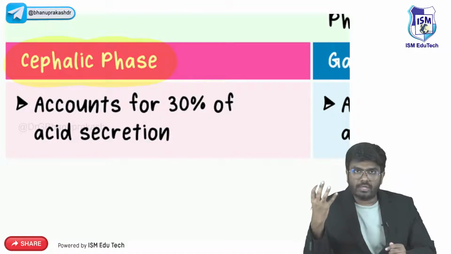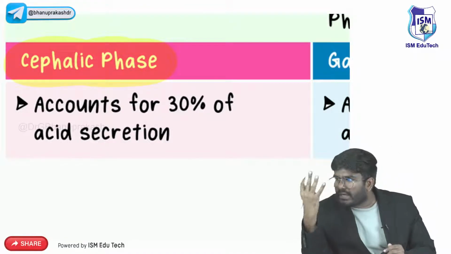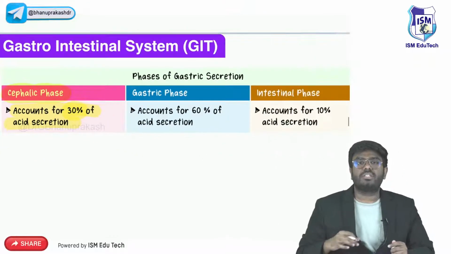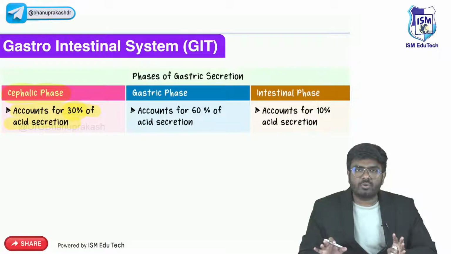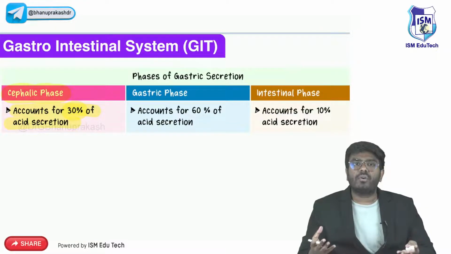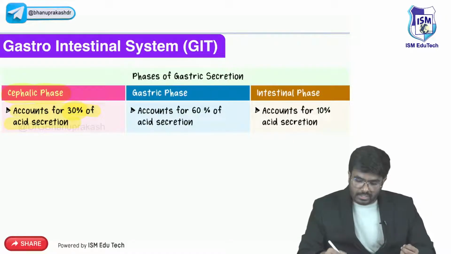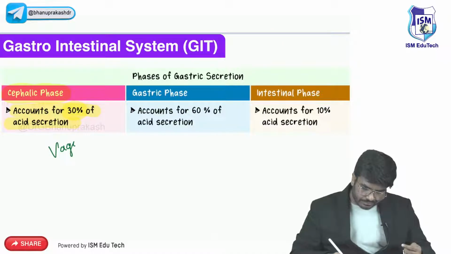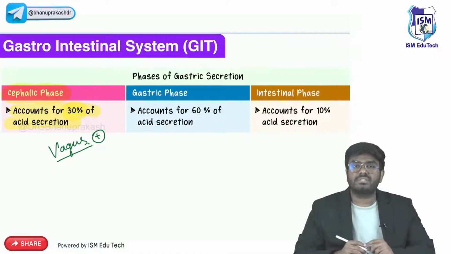Whenever you think about the food, smell the food, or look at the food, 30% of the acid is going to be produced in the stomach. The vagus nerve, the parasympathetic nerve, will be activated, and that produces 30% of the acid.